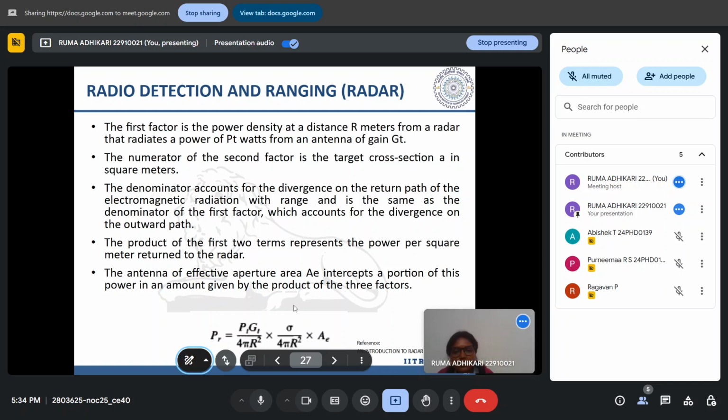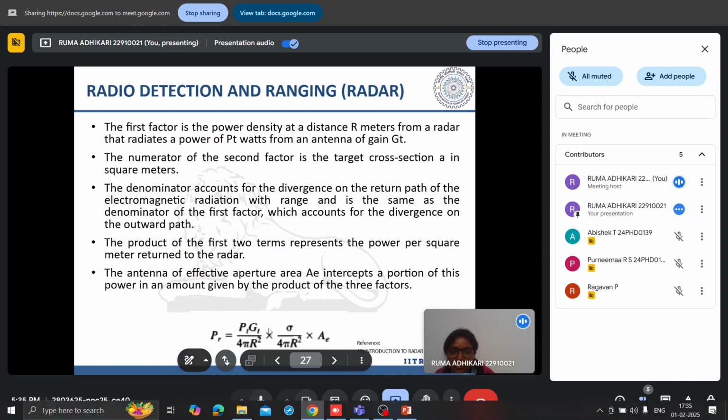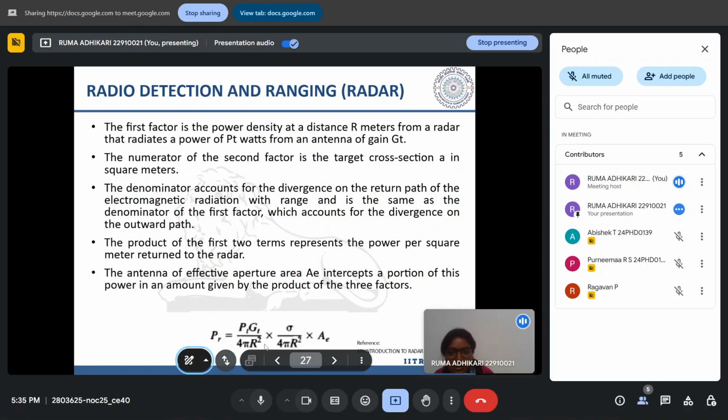and it is a constant. Sigma also, the radar cross section, is a constant, and it is also the effective aperture area, and 4 pi are constant. So basically this received power is inversely proportional to r square, or better called r to the power 4.